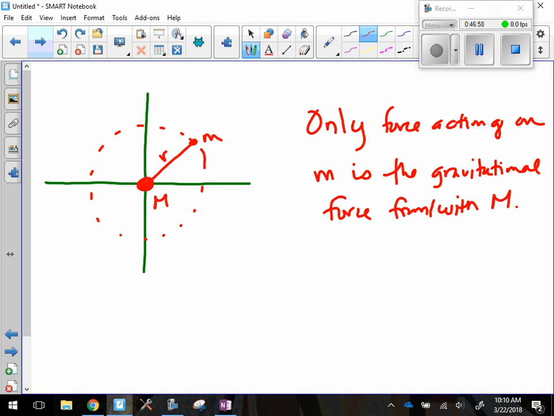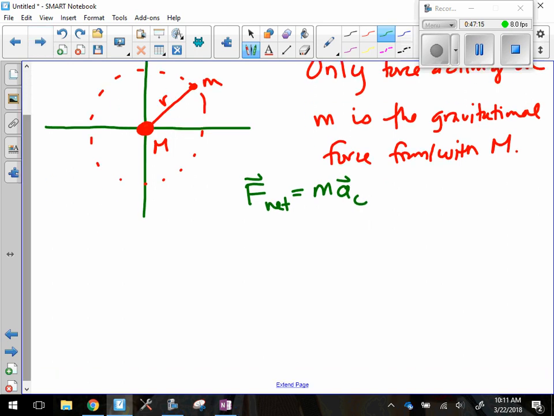centripetal motion, which means that we can say that F net is equal to m a_c. And I just said that the only force acting on it is that force due to gravity.